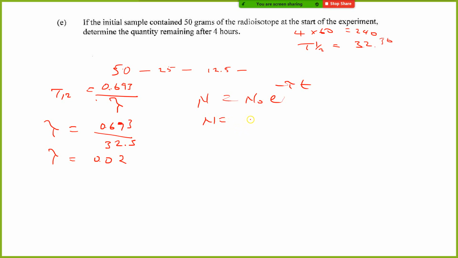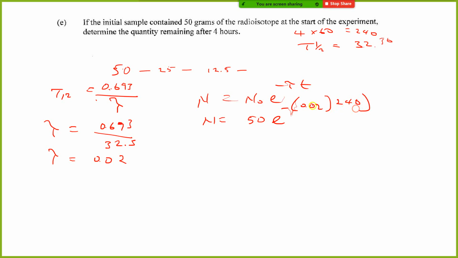The sample that I started with is 50 grams, e raised to the 0.02, right? The time is going to be 240 minutes. You have to convert from hours to minutes.